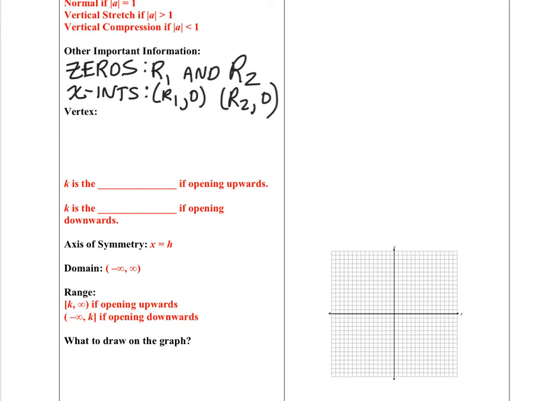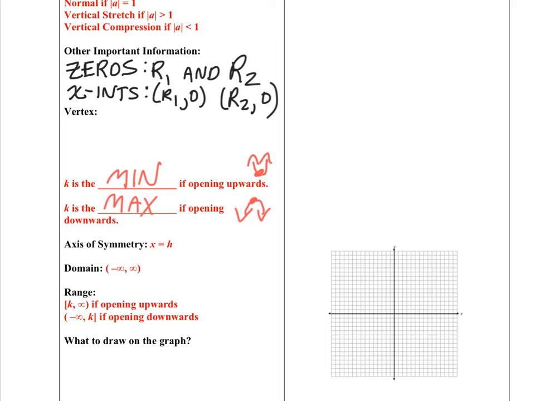If the quadratic function is opening upwards, it's going to have a lowest point, and so the y value of the vertex will be a minimum value. If the parabola is opening downwards, then the parabola is going to have a highest point, and k is going to be the maximum value.